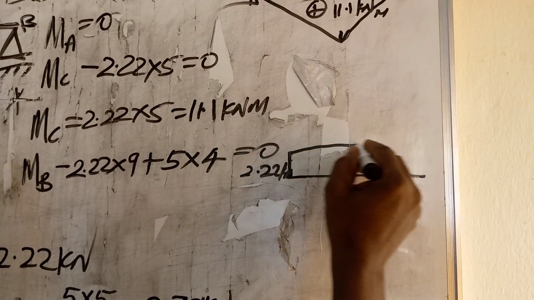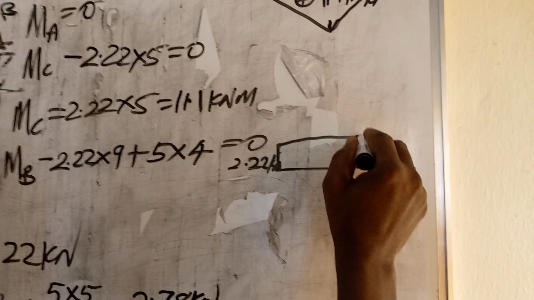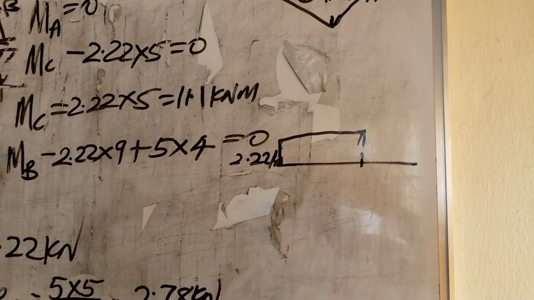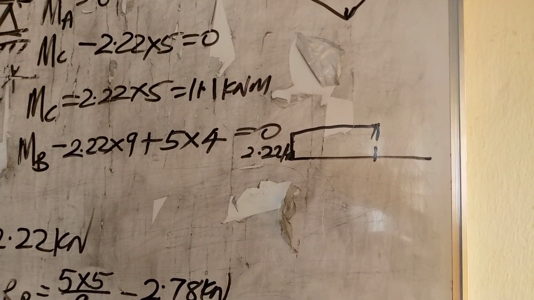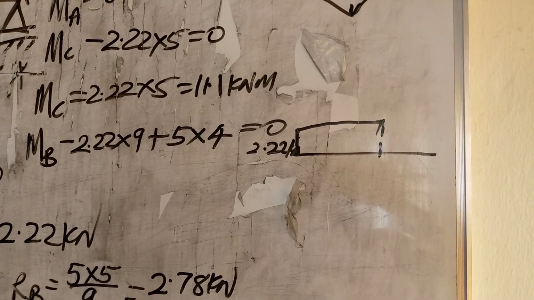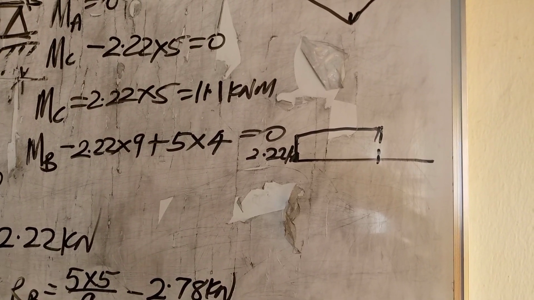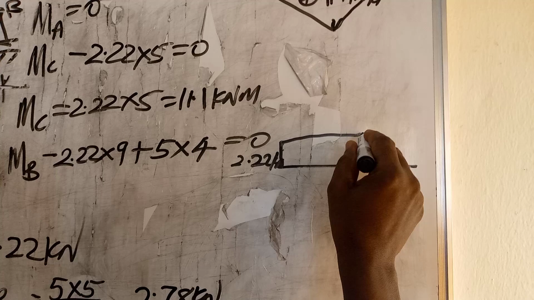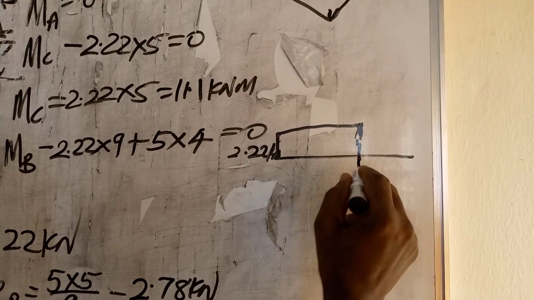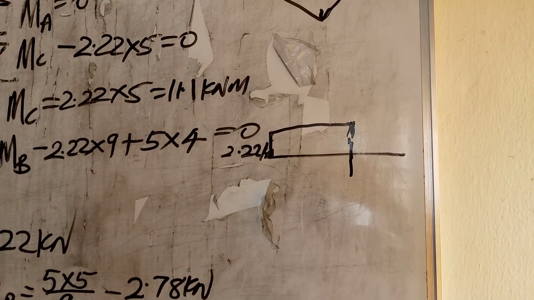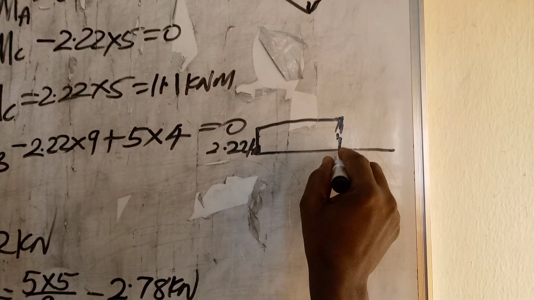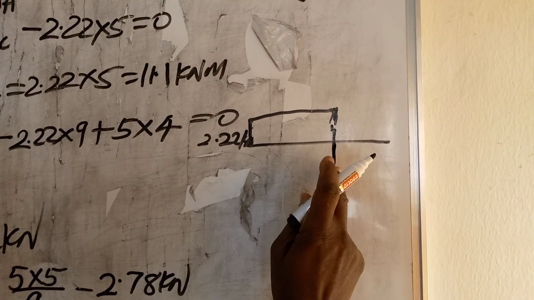There's no other load until it gets to point C. At point C, 5 subtracts from 2.22, because 2.22 positive minus 5 will give you a negative, 2.78.